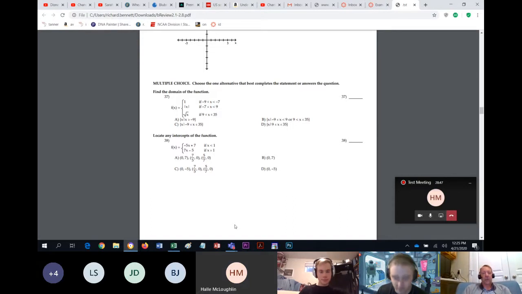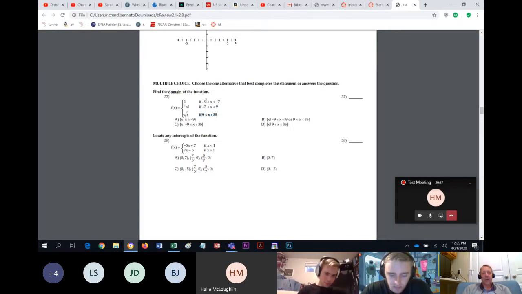So here, this is really what you need to pay attention to, this column. Remember, domain means all of the possible x values. So I can pick any x between -9 and -7, and then I can keep the 7 because it says from 7 to 9, and then from 9 to 35.